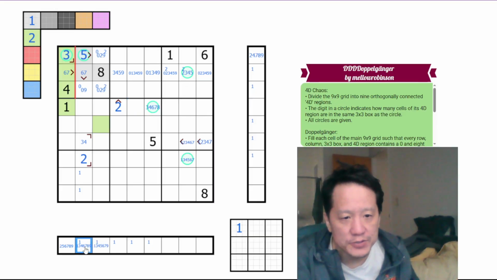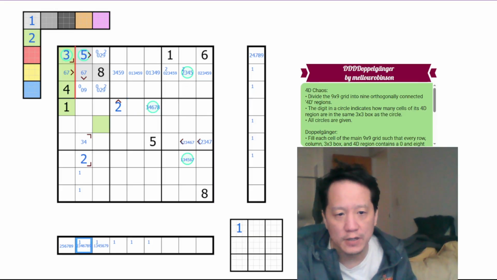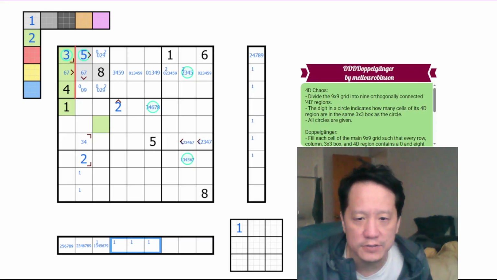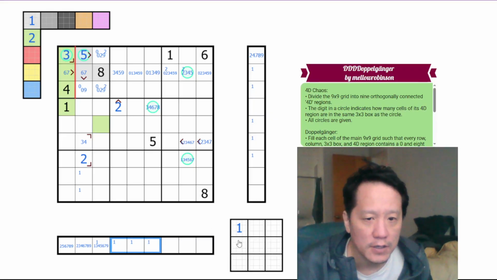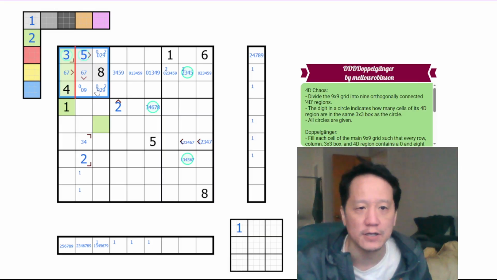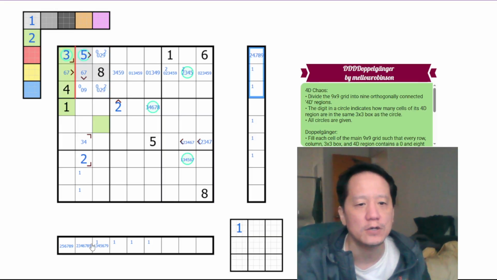Oh, this can't be missing a 1 because, oh. Okay. There has to be, right, so this is using the doppelganger. Since we're missing a 1 in box 1, the 1 in the whole grid has to be in rows 1, 2, or 3, and columns 1, 2, and 3, because it's missing in box 1, right?